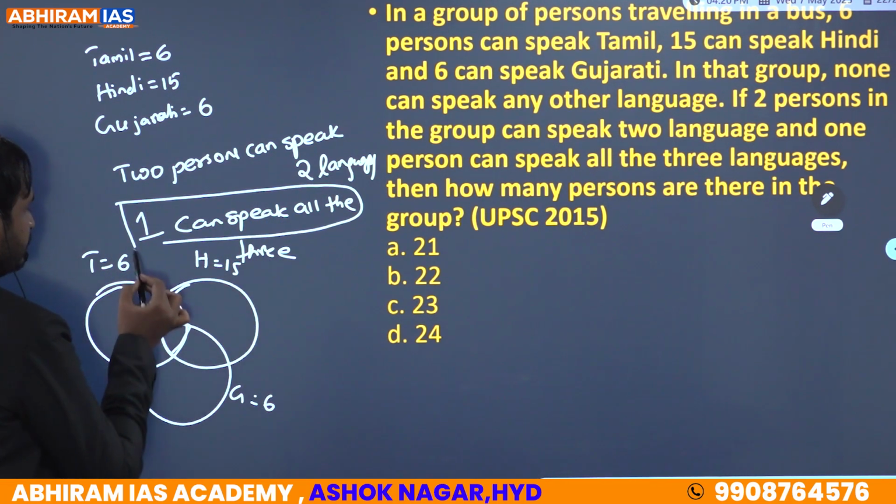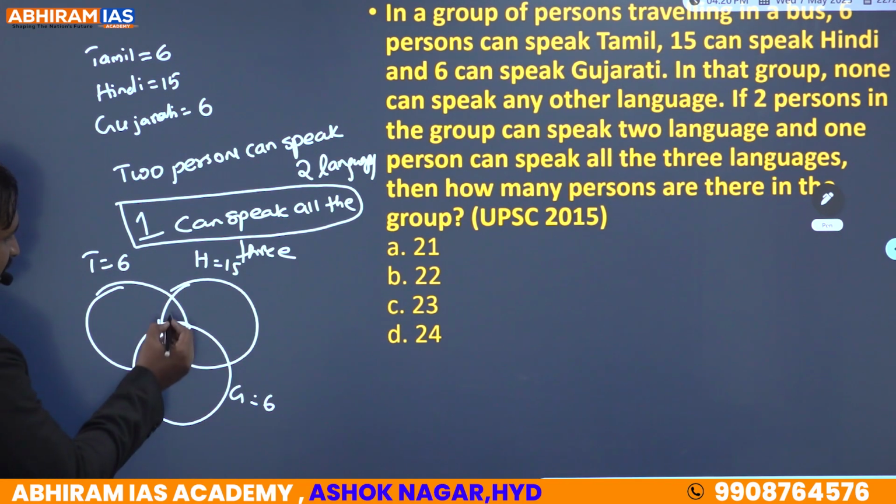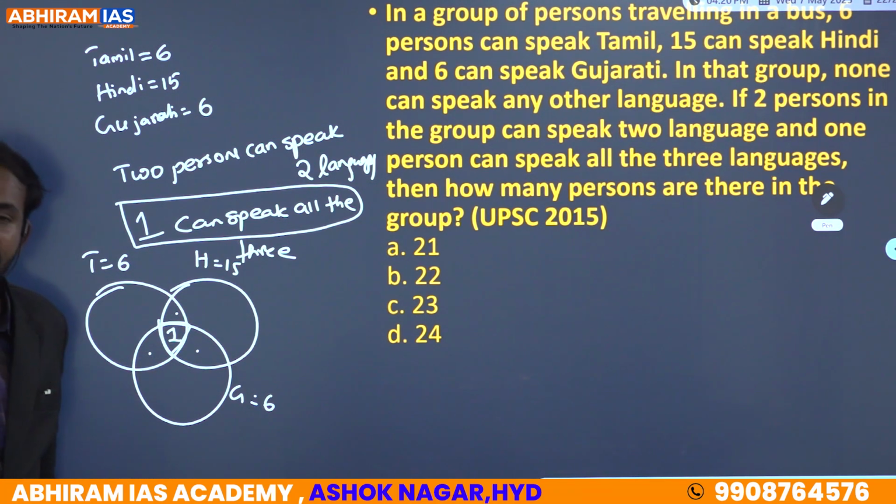Next, 2 persons can speak 2 languages. Where can I write 2 languages? I can write it in any place. For time being, I will assume 2 here, because 2 persons can speak 2 languages.